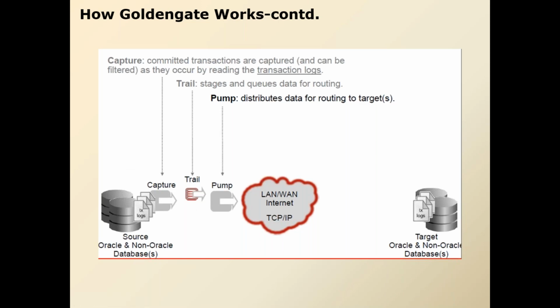Once the data becomes available in these trail files, you have the GoldenGate data pump process. Data pump process means it pumps the data from source to target. What is the work of the pump process here? The pump process reads the data from the trail file on the local machine, which is called local trail. So the trail file which resides on the source database is called local trail.